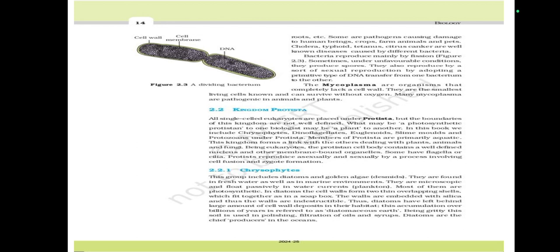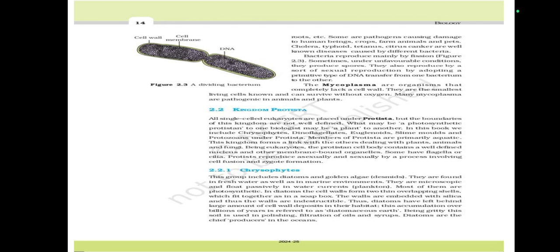In this book, we include chrysophytes, dinoflagellates, euglenoids, slime moulds, and protozoans under Protista. Members of Protista are primarily aquatic. This kingdom forms a link with the others dealing with plants, animals, and fungi.